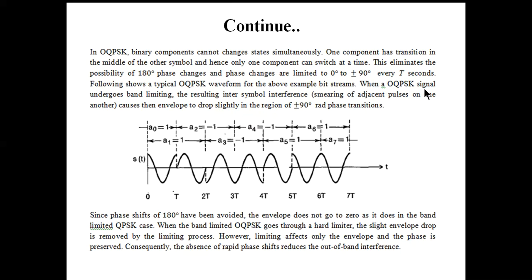When an OQPSK signal undergoes band limiting, the resulting intersymbol interference causes the envelope to drop slightly in the region of plus minus 90-degree phase transition. So here you can see that the discontinuity in the envelope has been reduced due to the removal of abrupt phase change. So the envelope does not go to zero, as it does in the band limited QPSK case.